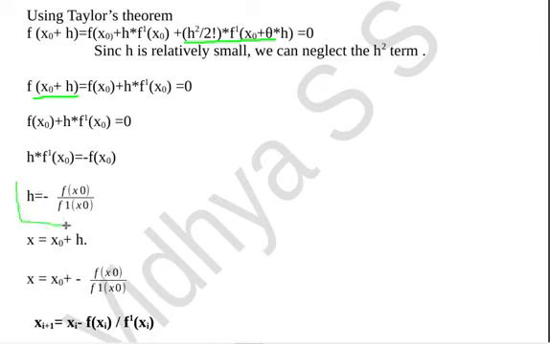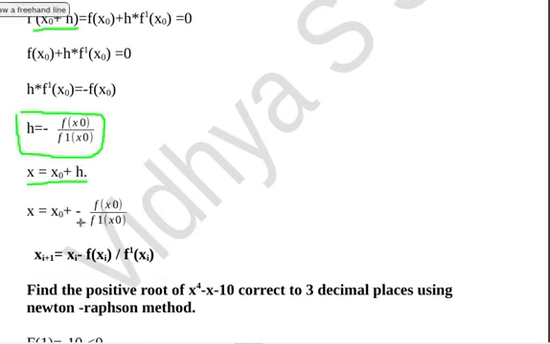So here we got the value of h. Our improved solution will be the previous x value plus this h. So x equal to x0 minus f of x0 by f dash of x0.